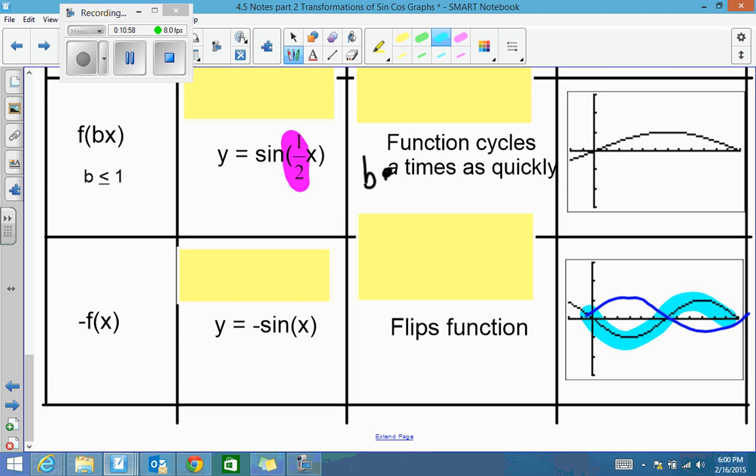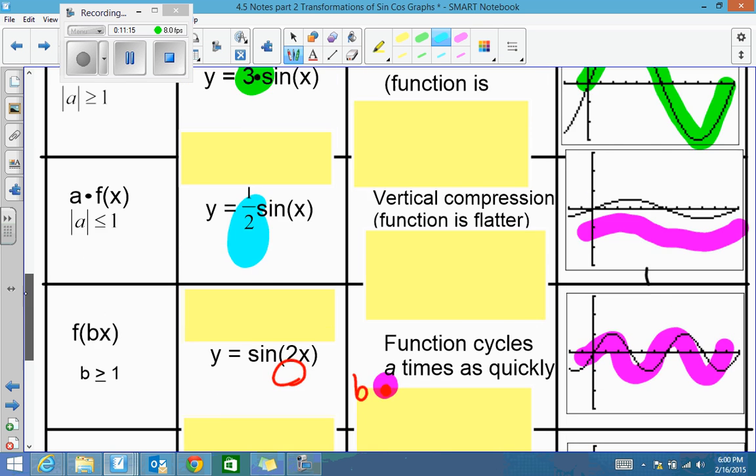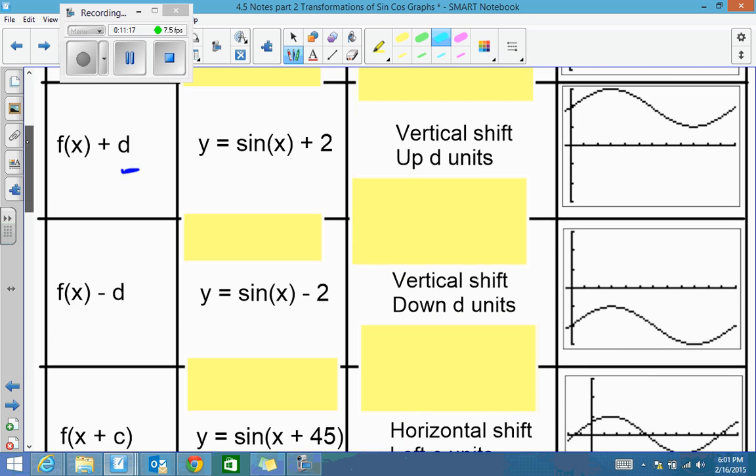So how we're going to apply this and practice it is actually looking at some graphs and trying to match the equation to the graph by using this chart and anticipating what each value in the equation represents.